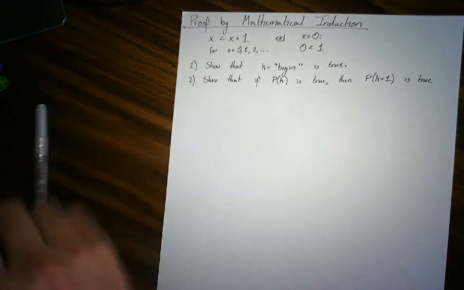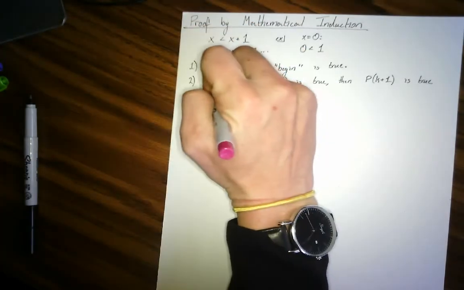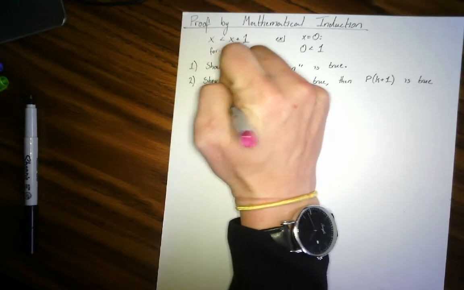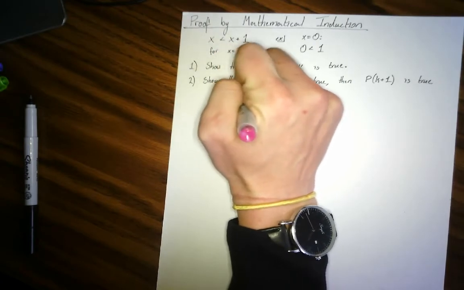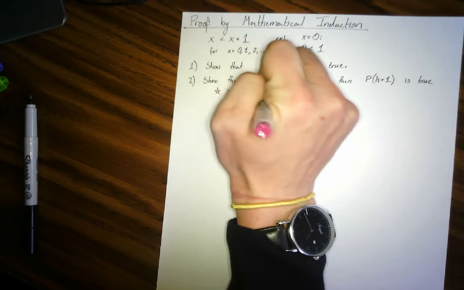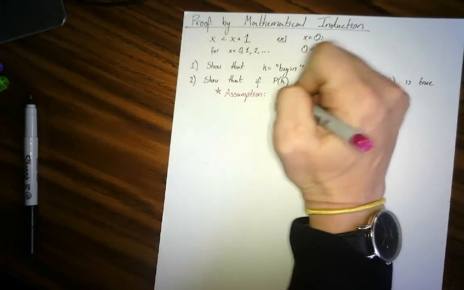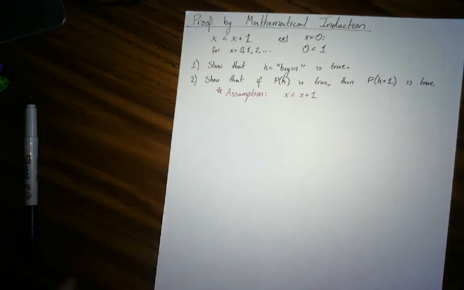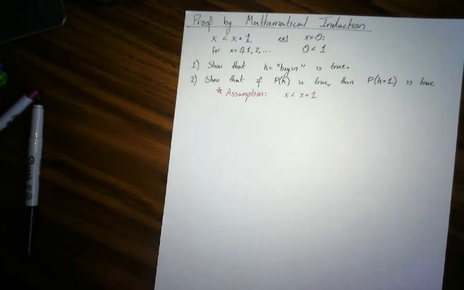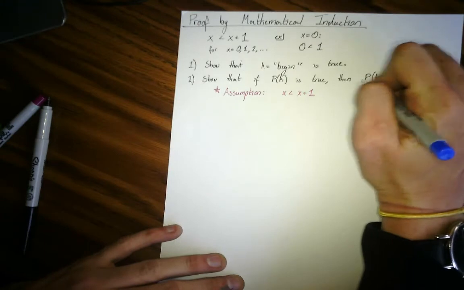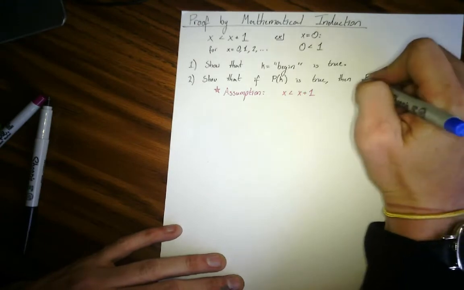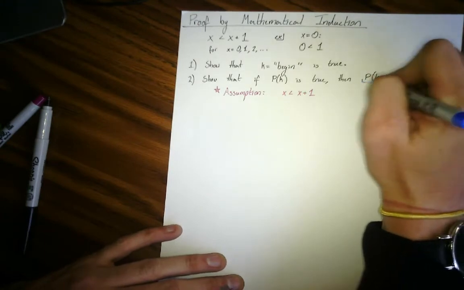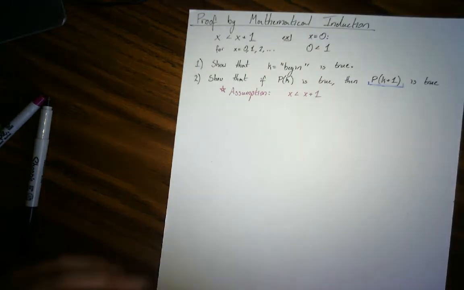The big thing to keep in mind is that there is always an assumption. In our original example, it's that x is less than x plus 1. We're holding that to be true every single time. So if that's true, then we want to show that when we replace our x with x plus 1, or look at the term afterwards, we actually get a true statement.